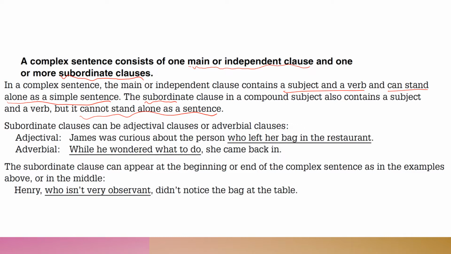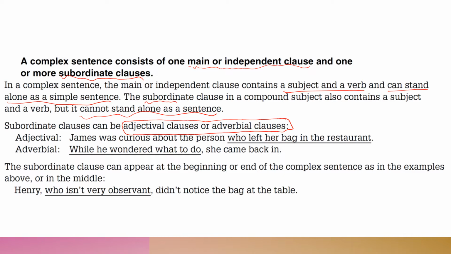So subordinate clauses can be adjectival clauses or adverbial clauses. Those types of clauses, we already studied them in our previous sessions. If you forgot them, make sure you watch our recordings.